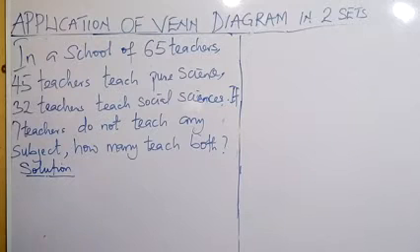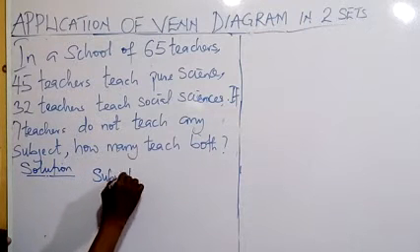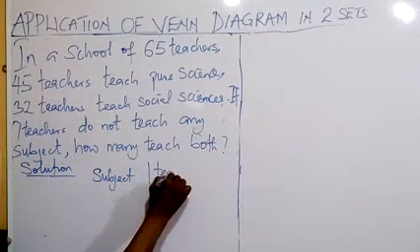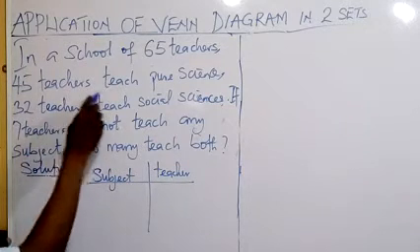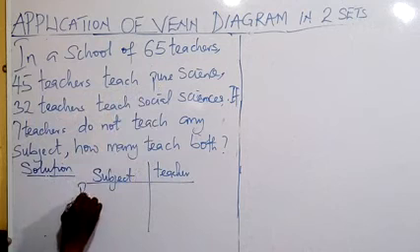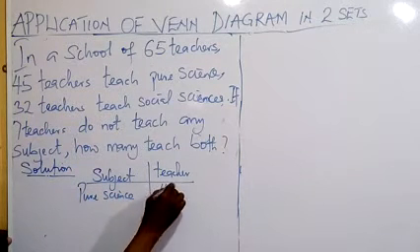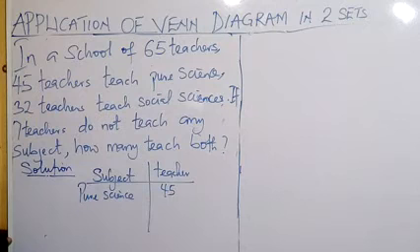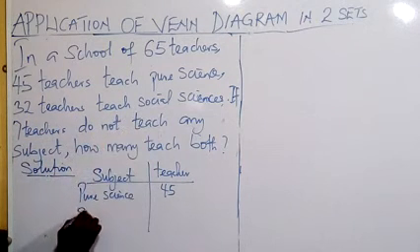Now look at it. We are dealing with what? A subject and a teacher. The first one, 45 teachers teach pure science. We're talking about pure science here, we have 45 teachers. The second one, 32 teachers teach social science.